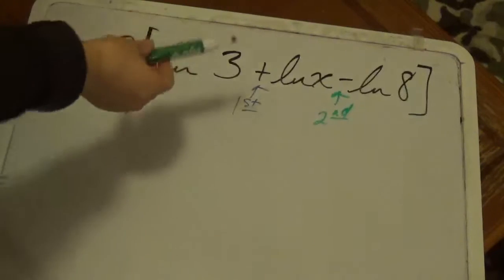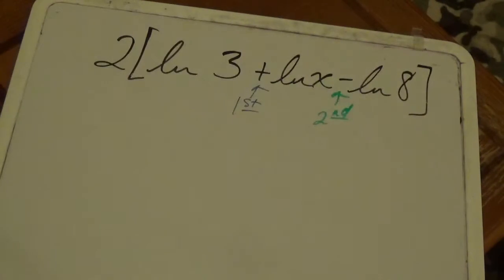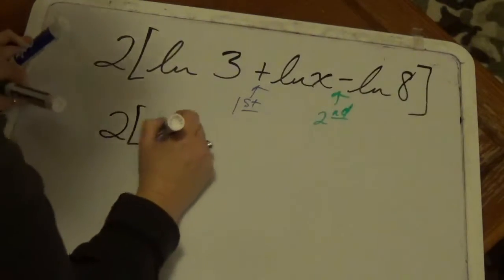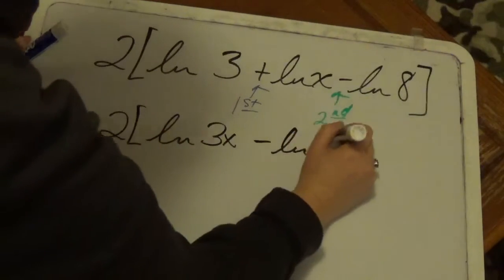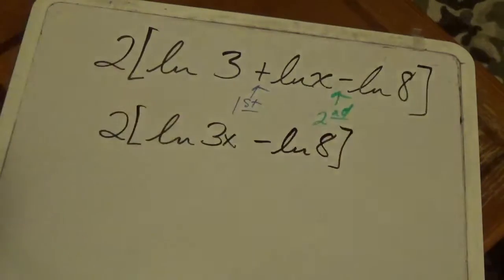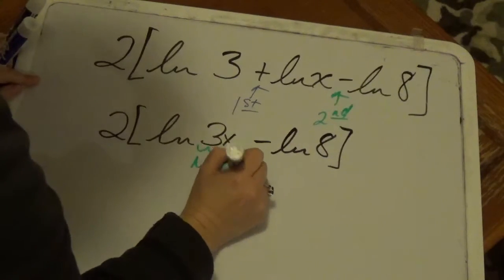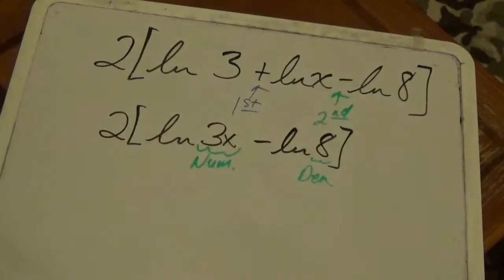If you deal with the pluses first, that puts you into your numerator and your denominator. So what we'll have now is 2 bracket natural log of 3x minus natural log of 8. And so now we should be able to tell that this 3x is going to be in our numerator and this 8 is going to be in our denominator.